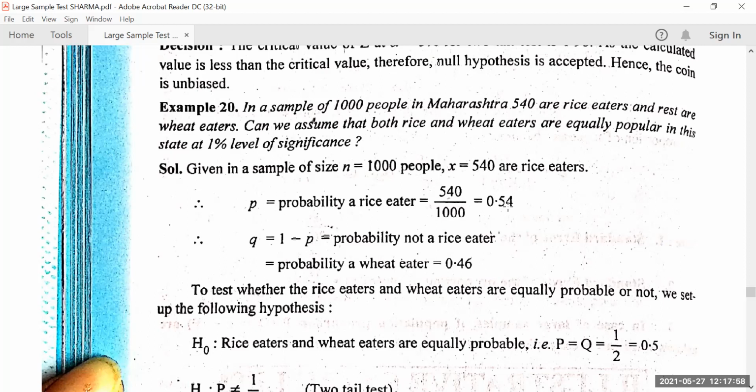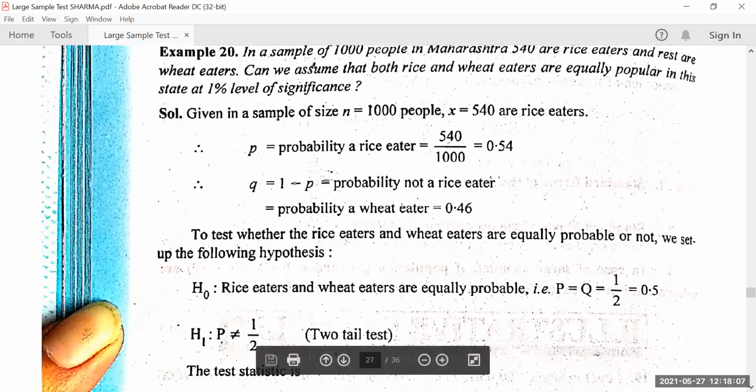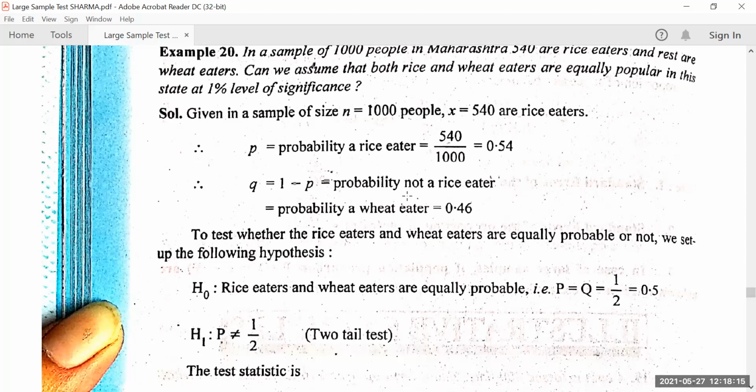So this comes out to be 0.54. q, the probability of not a rice eater, the probability of a wheat eater, comes from subtracting from 1. So here, in order to subtract from 1, you can use Nikhil's Sutra.